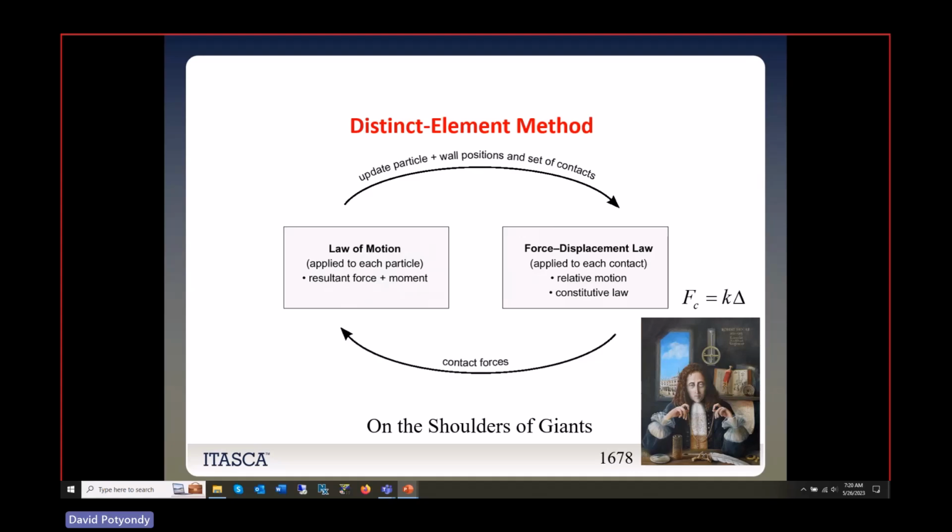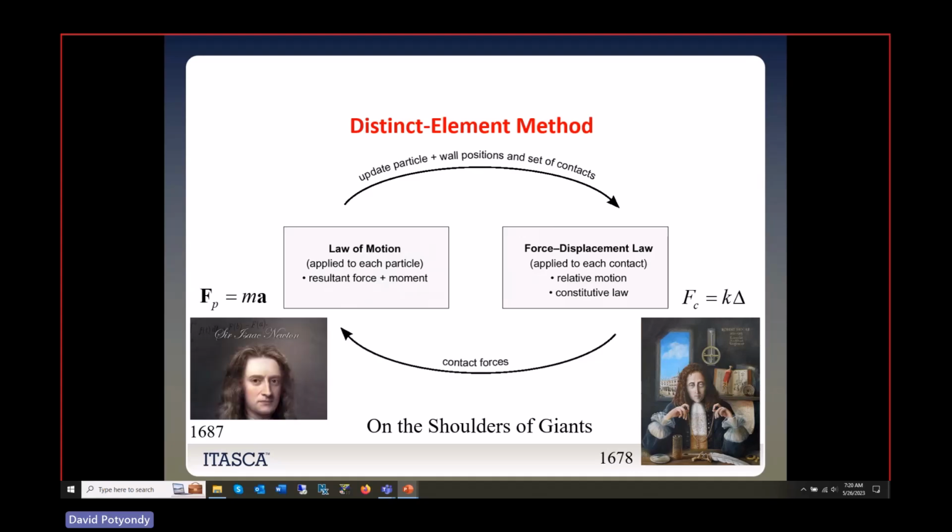So from 1678, we move forward to 1687, and our good friend Isaac Newton, the father of all of mechanics, determined that force and acceleration are linearly proportional by means of the mass. So if we know the resultant force on a particle and we know its mass, we can determine its acceleration, and we're going to unpack that and eventually get a velocity out of the acceleration, the change in velocity.